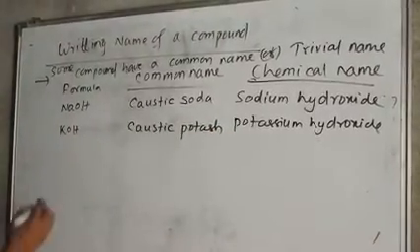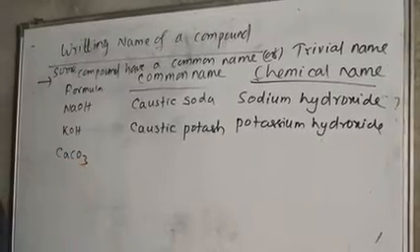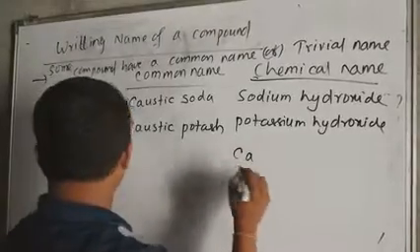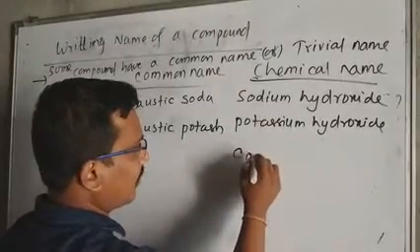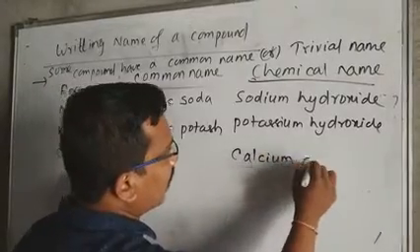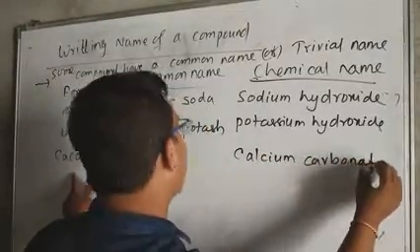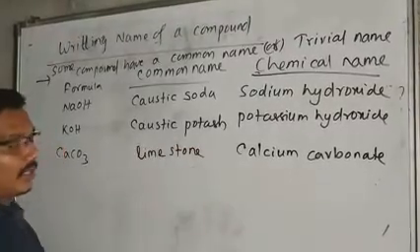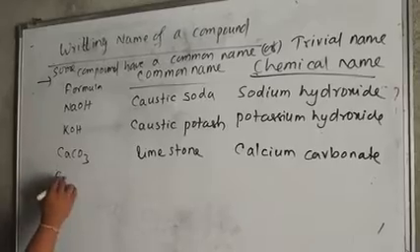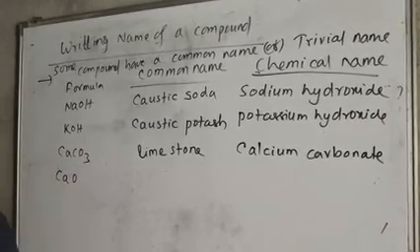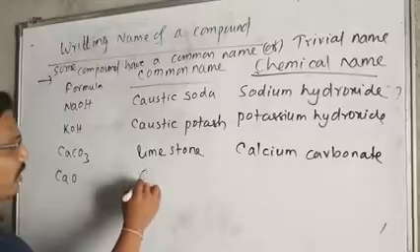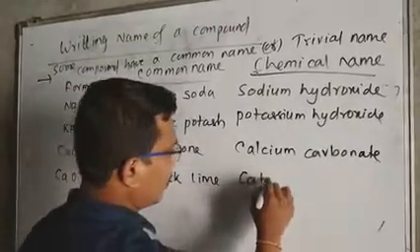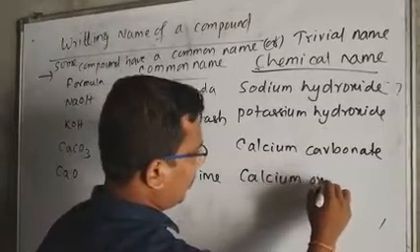Similarly, CaCO3 has the chemical name calcium carbonate, and the common name is limestone. Next is calcium oxide: the common name is quicklime, and its chemical name is calcium oxide.